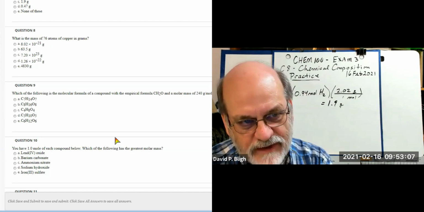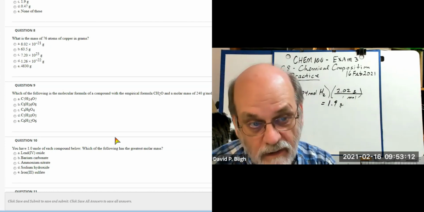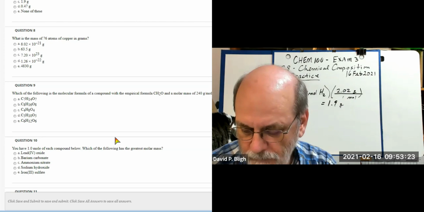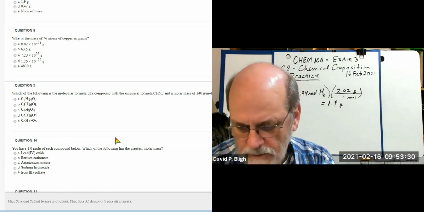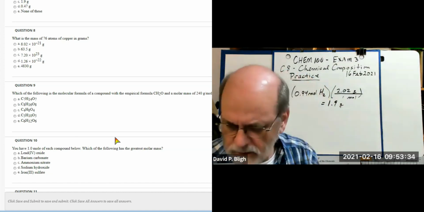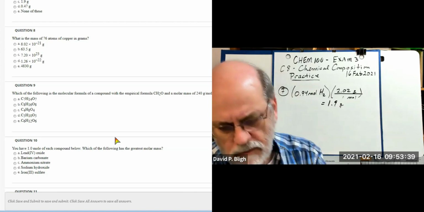What is the mass of 76 atoms of copper in grams?